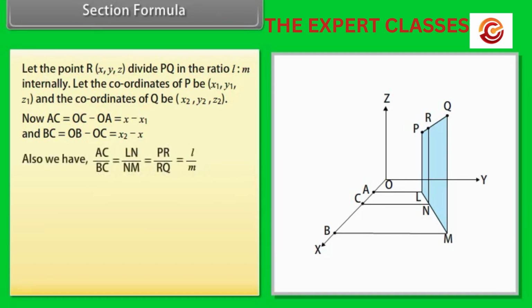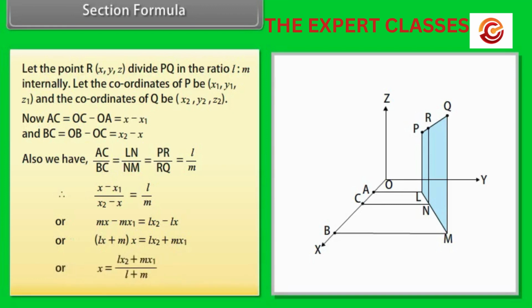Also, we have AC/BC = LN/NM = PR/RQ = l/m. Therefore, (x - x1)/(x2 - x) = l/m. On solving, we get x = (lx2 + mx1)/(l + m).